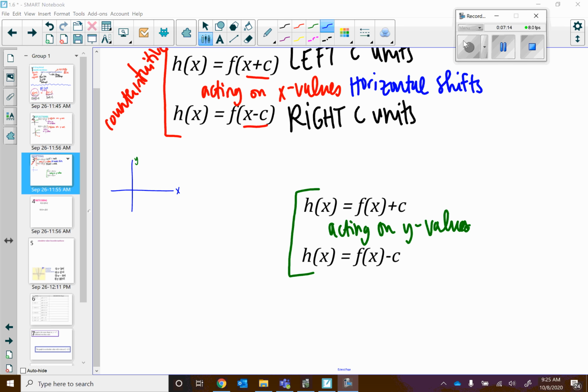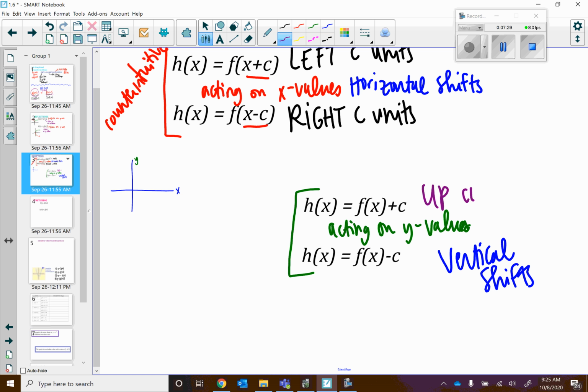These are all going to be vertical shifts. Now, vertical things are going to act how we would expect. So when I'm adding c, I am moving up c units. If I am subtracting c, I am moving down c units.